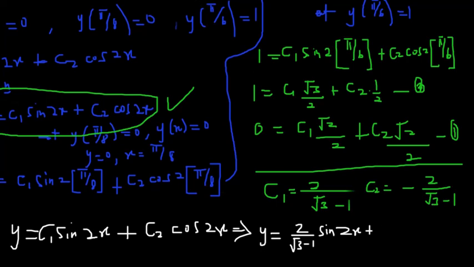So you can just omit the positive sign and you just use negative. So we have minus 2 on root 3 minus 1, then we have cos 2x.